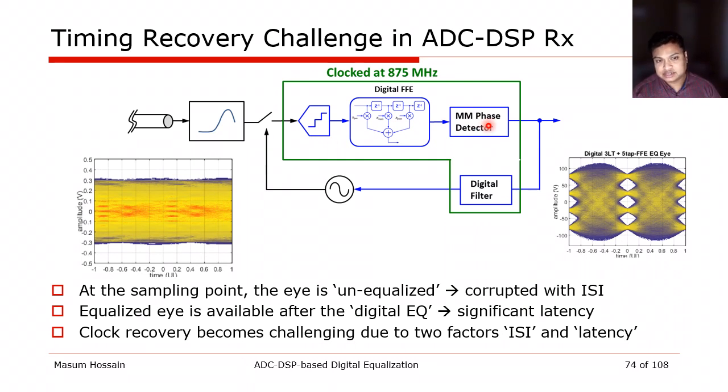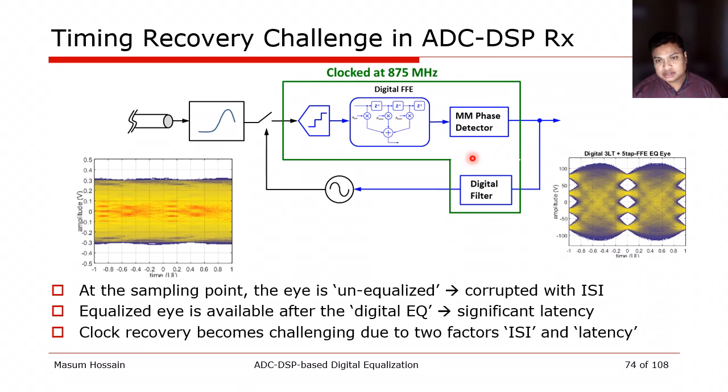This is necessary because at the sampling point, as explained before, even after CTLE, we have significant ISI left and the eye is closed. All these algorithms are developed based on an equalized eye, but with a predefined delay which has nicely converged.